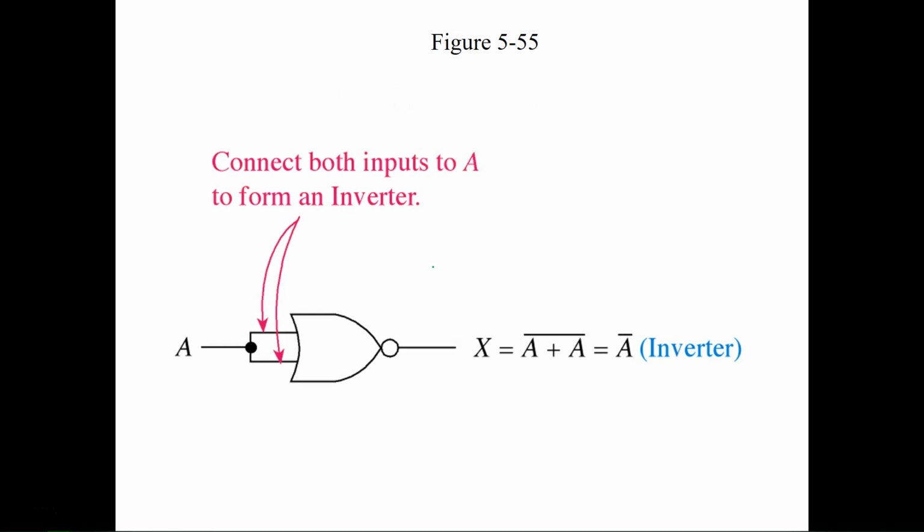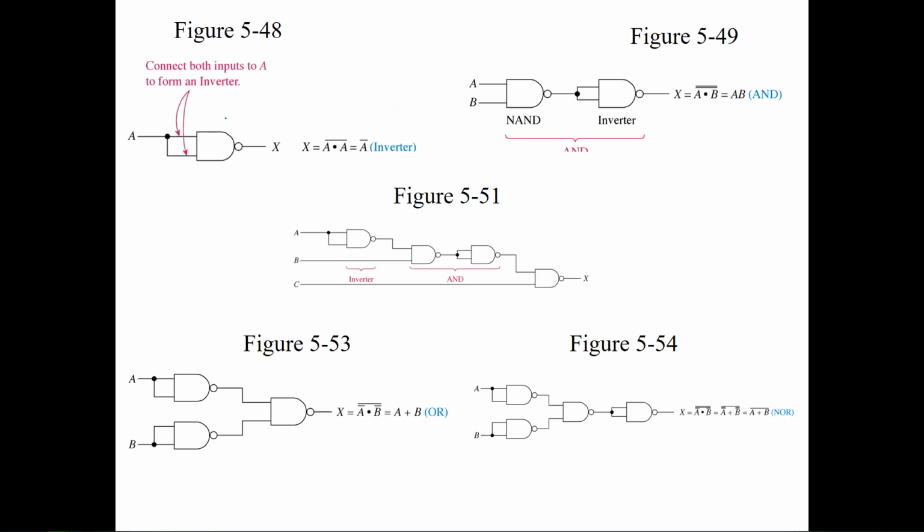All right. So one of the things they were showing you here, I'm sorry, I kind of jumped the gun a bit, was that they actually tied the 2 inputs together to create an inverter. To create an AND gate, they took a NAND, created an inverter, and got AND. Okay. To create an OR gate, they tied the signals together for 2 NANDs, because this guy inverts the signal on the way out.